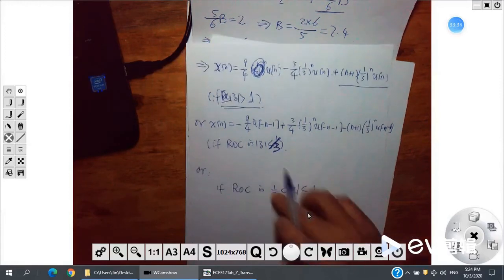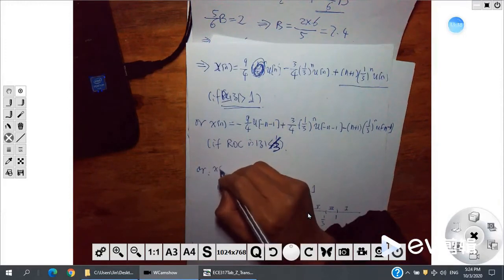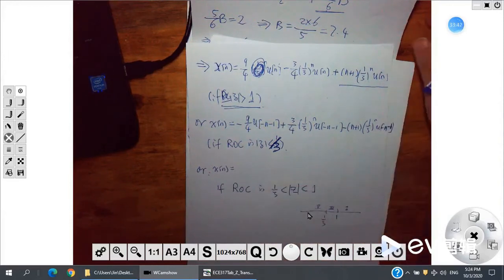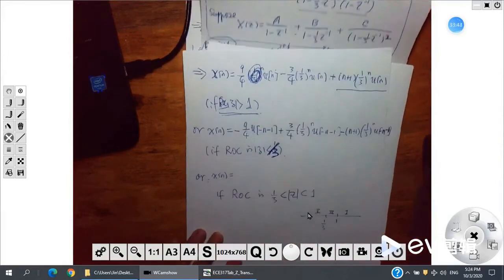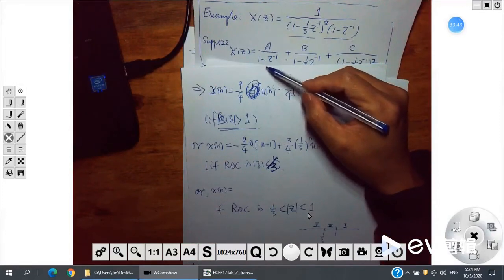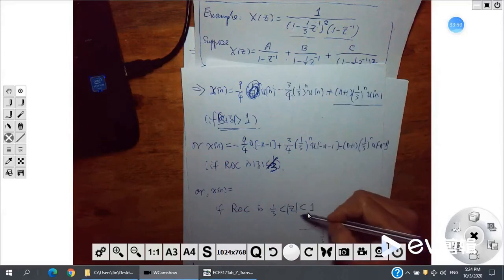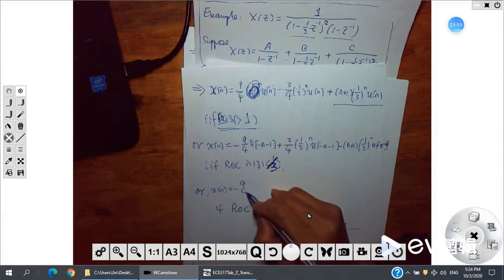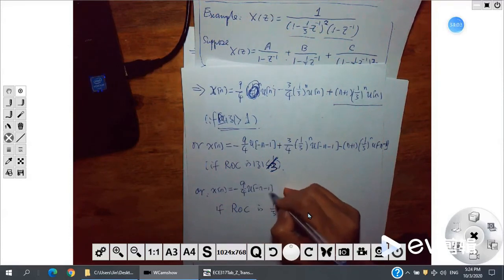If the ROC is this, then we have x of n equal to, for the first term, a over 1 minus z to the negative 1. Now z is smaller than 1, so I use a negative of it. A is 9/4, and u of negative n minus 1.